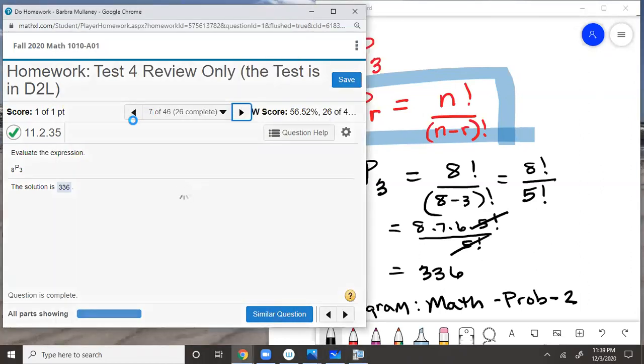All right, the next, number 7, use the formula for nPr to evaluate the following expression: the permutation of 16 items taken 0 at a time.